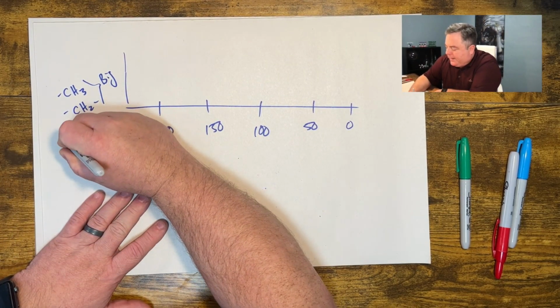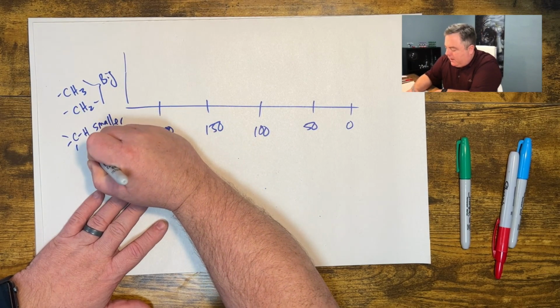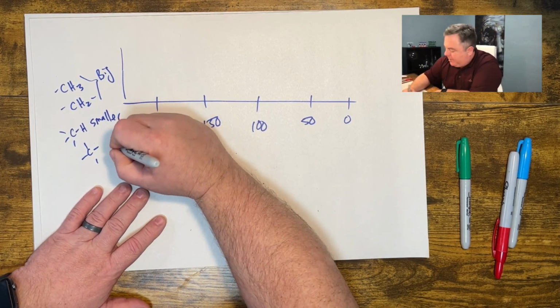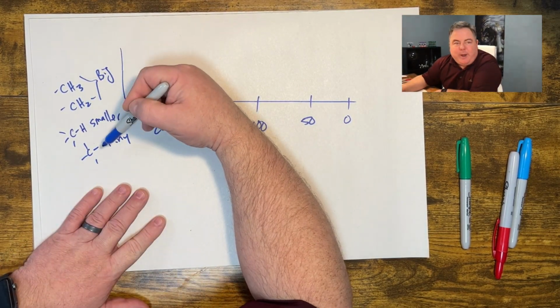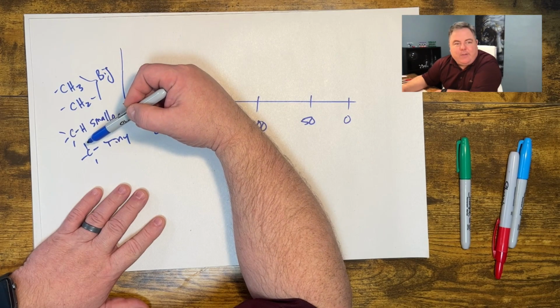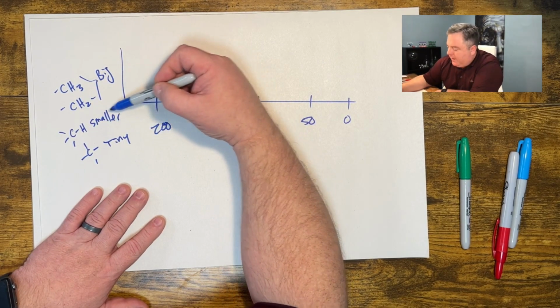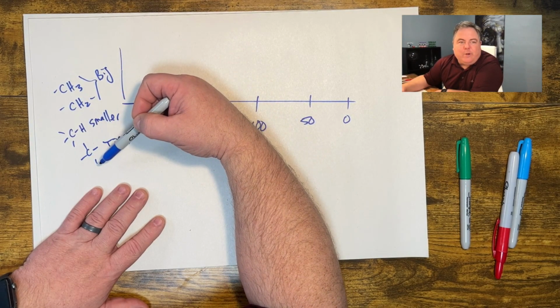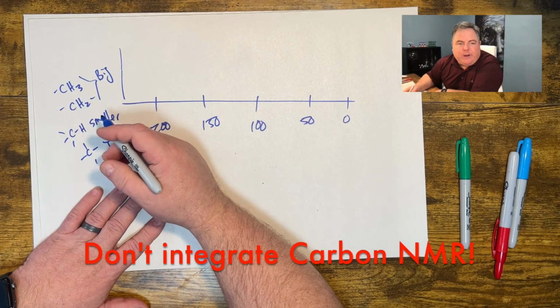Ones that have 1 hydrogen on them, they tend to be a smaller peak, and a carbon with no hydrogens tend to be fairly tiny. So you can't compare one carbon to the other. So yeah, this one's twice as big as that one. There must be two of them and one of these, because some of them end up being smaller, ones without hydrogens on them or with only one hydrogen. So we don't usually integrate.